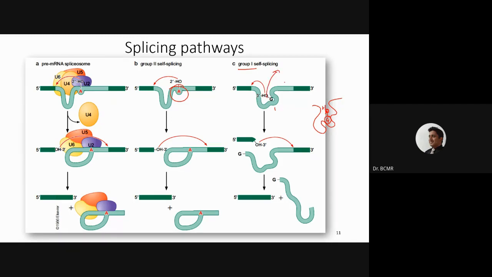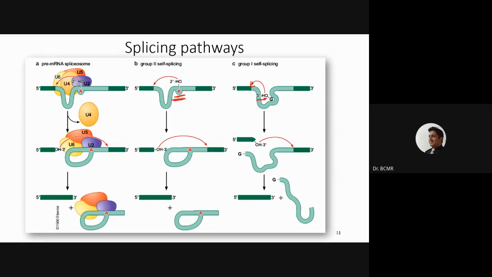What I intend to mean is, it is held by non-covalent bonds, but it is bound in a small microenvironment, and there is an OH, the 3' OH of the guanine, that makes the nucleophilic attack on this one. What happens in this case? The adenine is an integral part of the intron here, right? It is covalently bound through phosphodiester bonds.